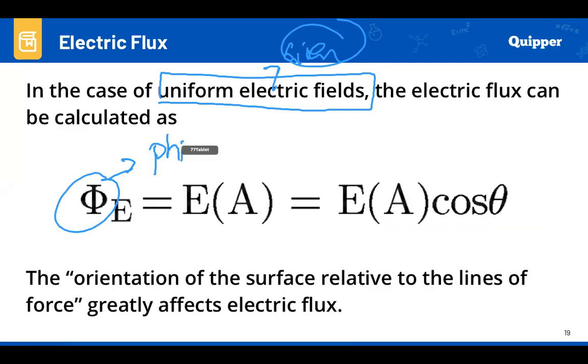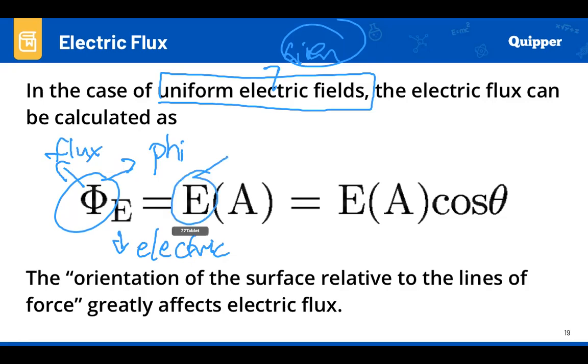Okay? And E here is for electric. So this one is the symbol for flux, phi. So we have electric flux is equal to E. This is the electric field.